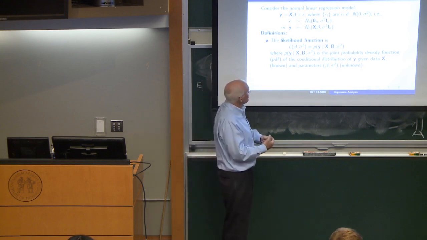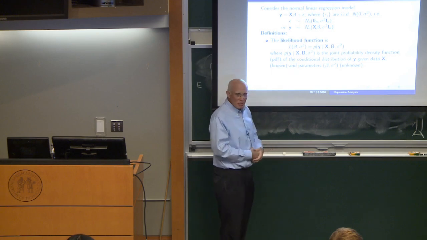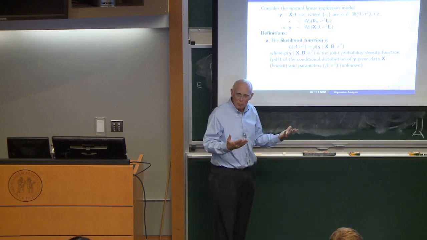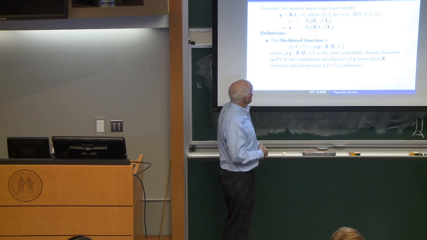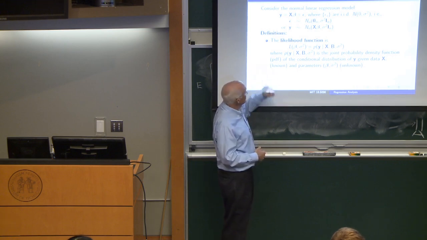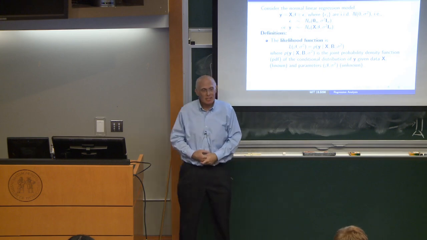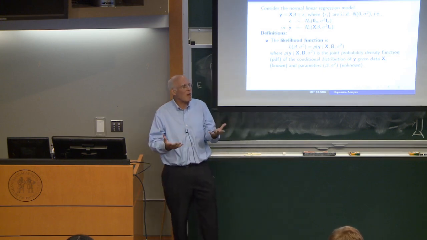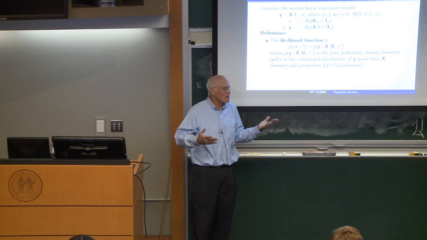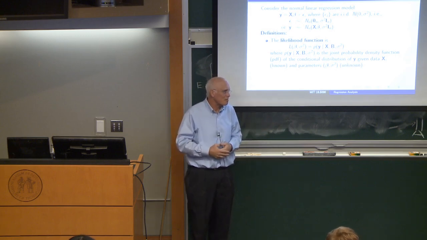This density function is simply the density function for a multivariate normal random variable. The maximum likelihood estimates are the estimates of the underlying parameters that maximize the density function, so it's the values of the parameters that make the observed data the most likely.